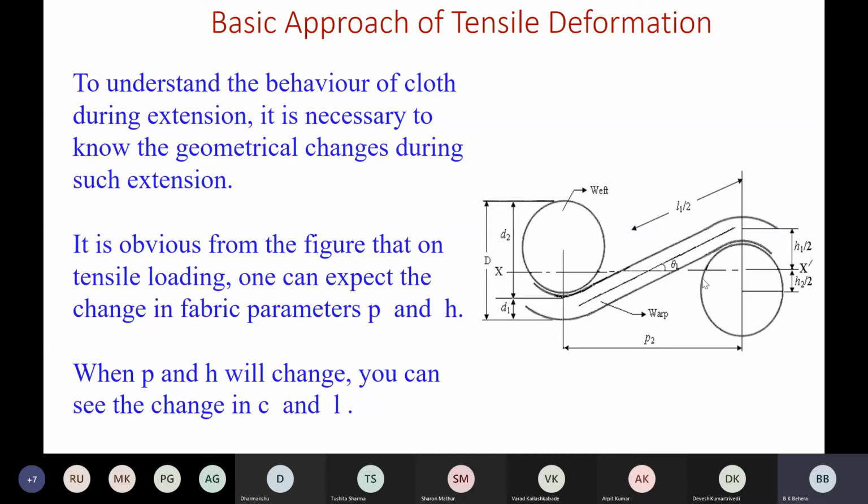So when a fabric is subjected to a tensile load, there will be a change in P and H. When these P and H change, from the geometrical relationship which we have derived in Pierce geometry, you will find there is a change in C and L. Change in H means change in C. You already know H1 is equal to 4 upon 3 P2 root C1. Change in P means this angle will change, so L will change. And how these changes are taking place, that we will determine.